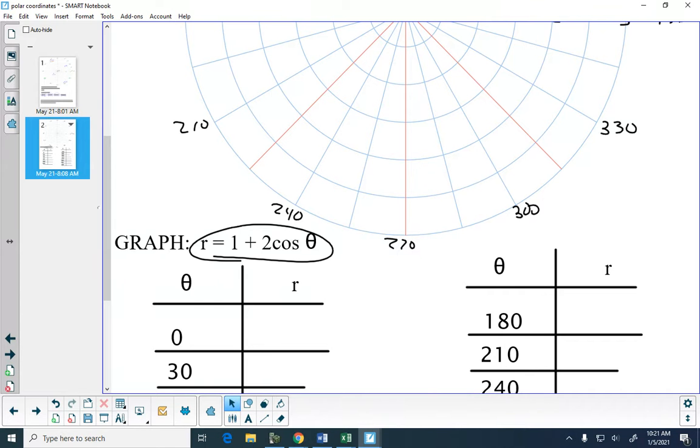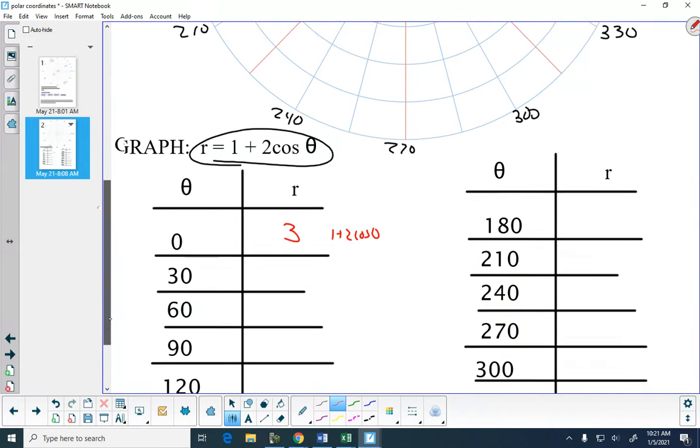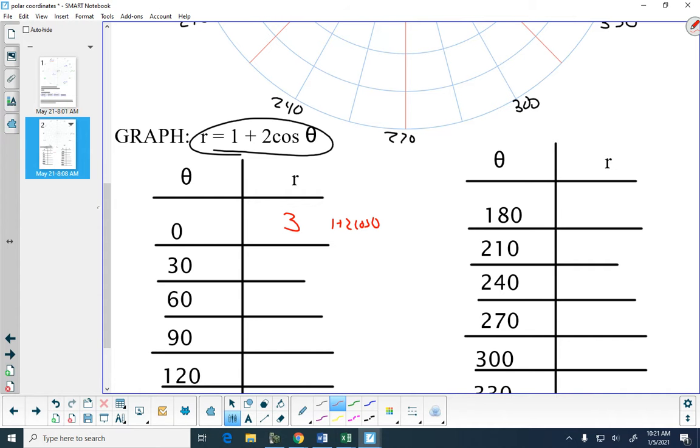So in the first one, we have 1 plus 2 cosine of 0 degrees. So you want to clickety-clack that through the calculator: 1 plus 2 cosine of 0 degrees. And you should come down to a value of 3. What I want you to do is do the rest of your theta values. And once again, this will create an ordered pair. This ordered pair will be r is 3, theta is 0.